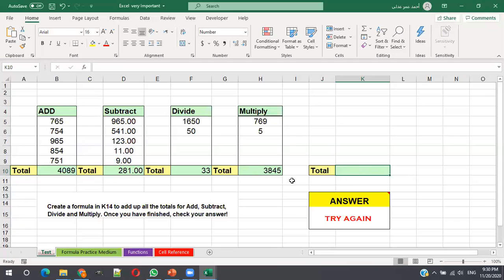I have to put equal sign, so the first one plus second one plus third one plus fourth one, and then press enter. If the answer is correct, the try again will change to very good. Yes, very good.